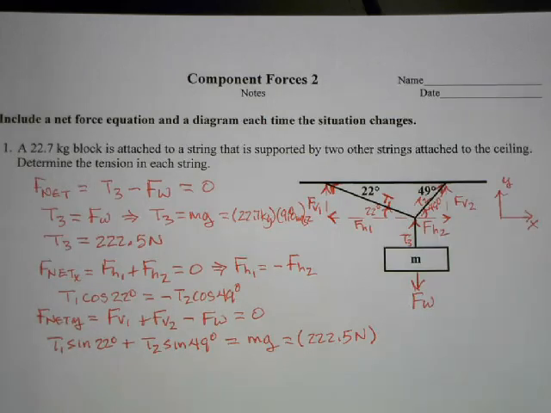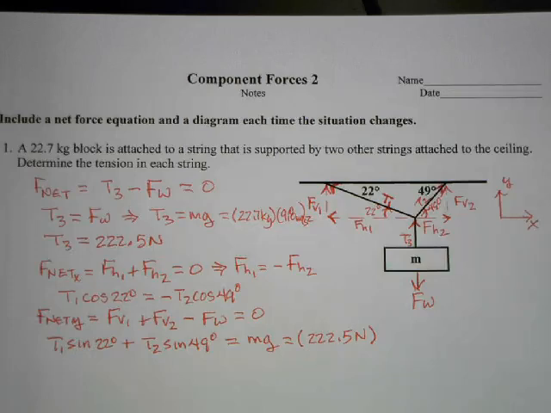All right, so now I have one equation with T1 and T2, and I have a second one with T1 and T2. Everything else is basically a number, so I can do a substitution for either T1 or T2.